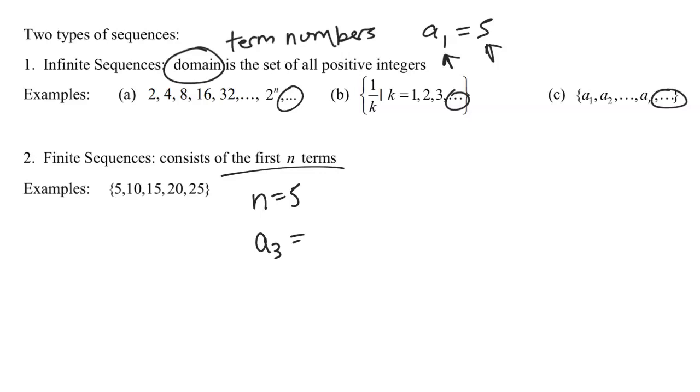So for example, a sub 3 would be the third term in the sequence, that would be 15. A sub 5 would be the fifth term in the sequence, that would be 25, and etc. So a finite sequence means a sequence that stops after a certain number of terms.